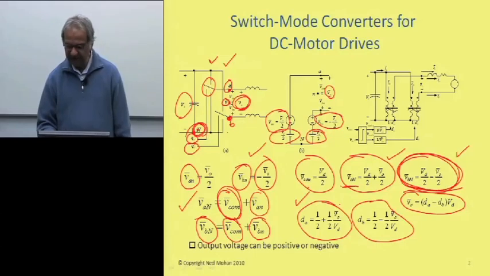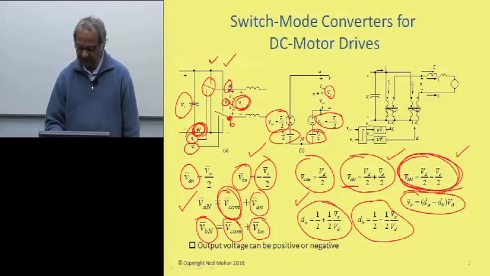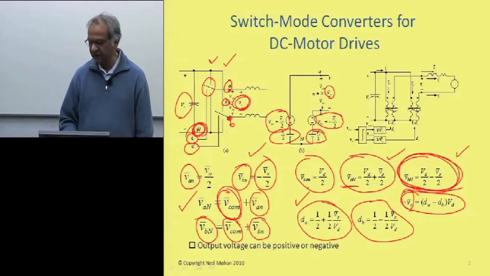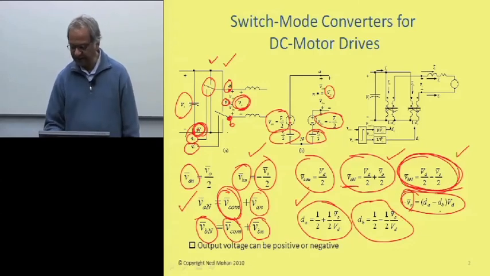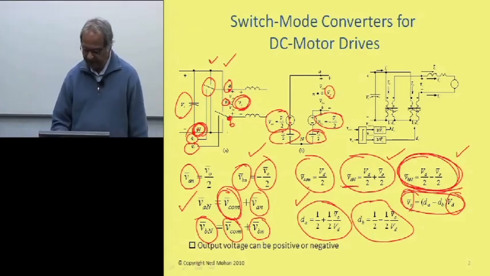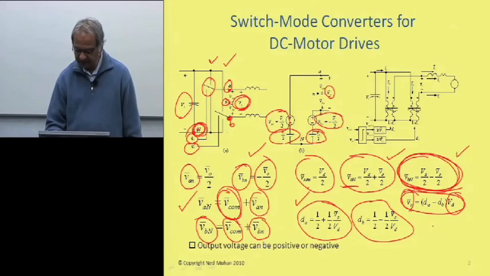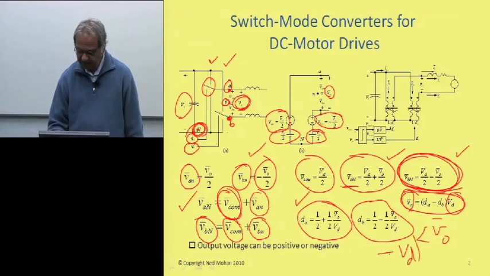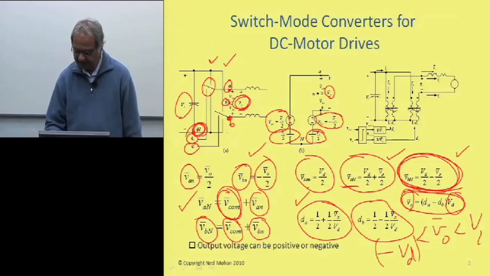And you can see that the output voltage V0 that we want to synthesize in the first place is dA minus dB multiplied by this DC bus voltage. So you can see that in this converter, this V0 average could be anywhere between minus VD and plus VD, right? All right.